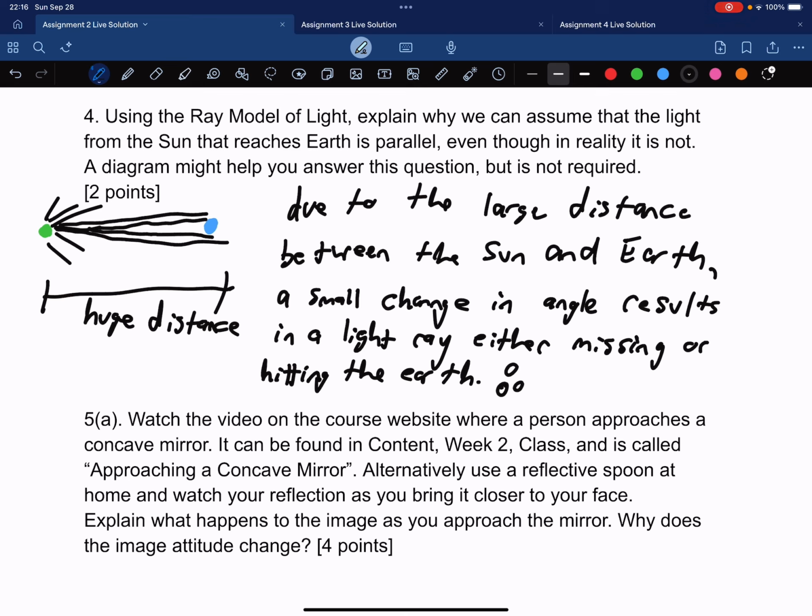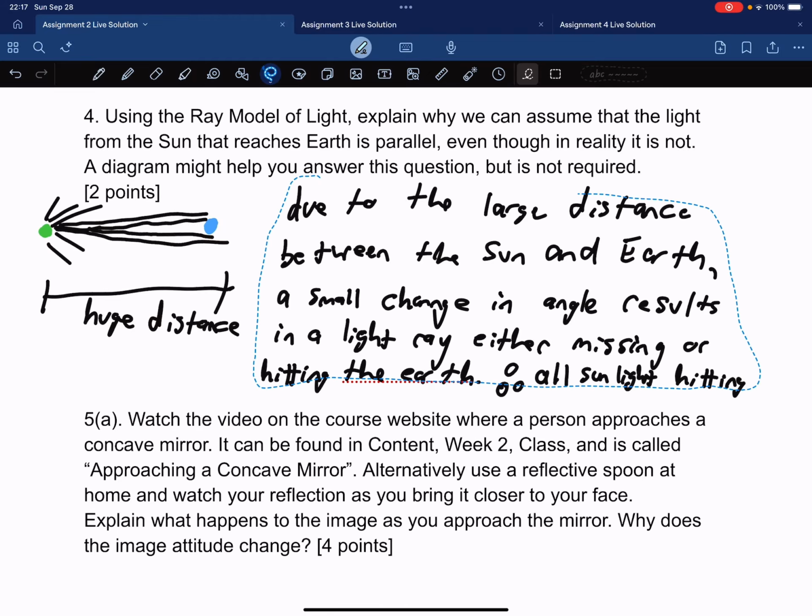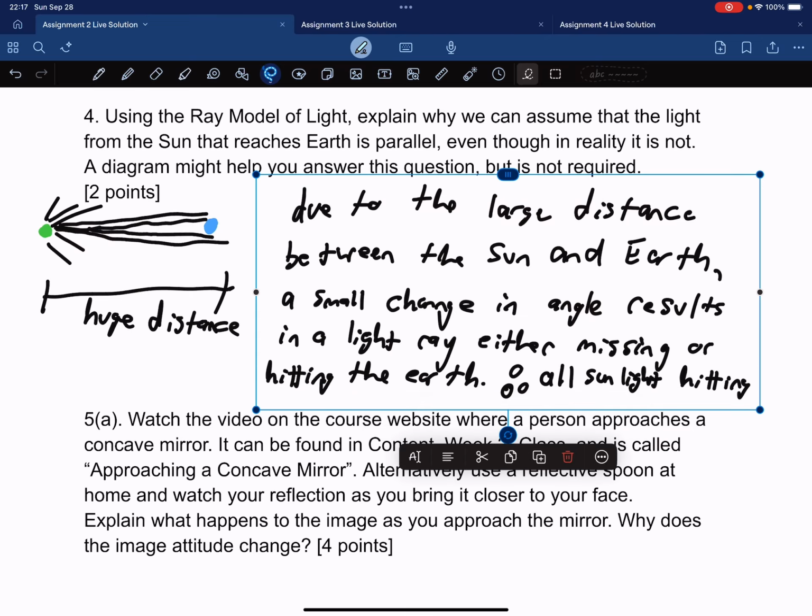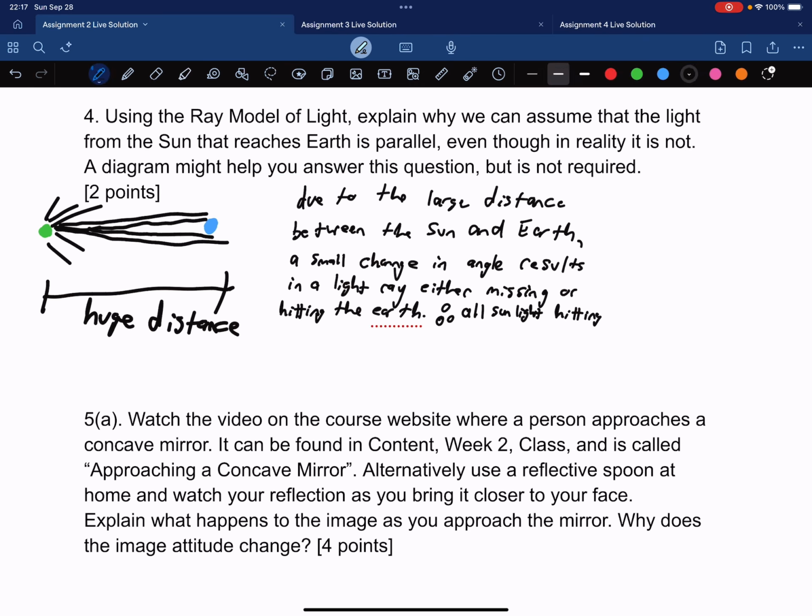Therefore, all sunlight hitting earth is so close to being parallel that we can assume it is.